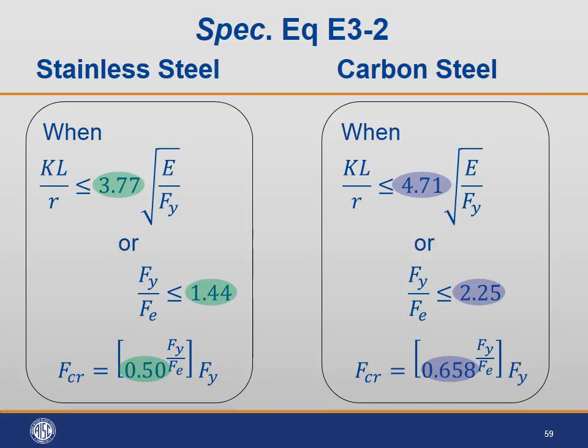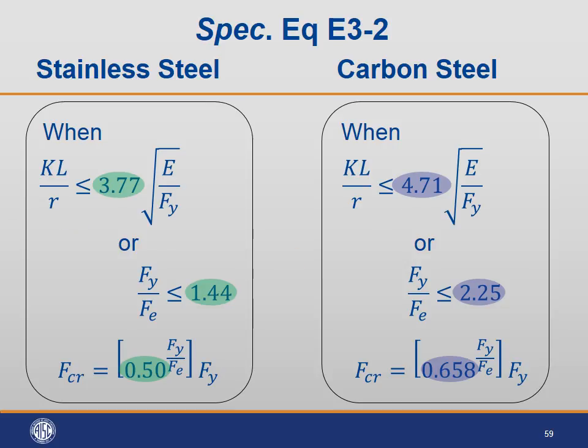The philosophy I adopted in this design guide was to always keep the shape of the carbon steel equations and simply to modify the coefficients, hoping that this would make life easier for designers and easier for developing software from the carbon steel software.